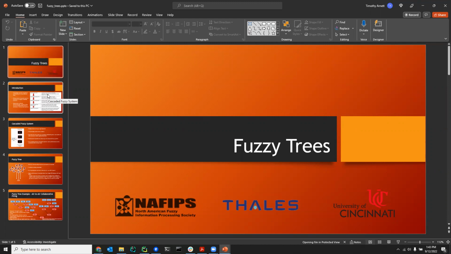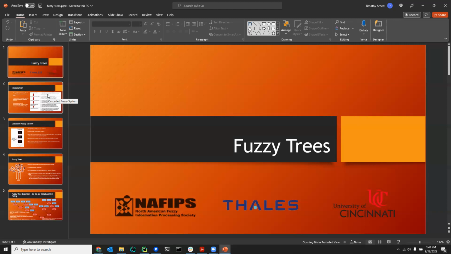If you're using conjunction to describe your antecedents, meaning if x1 is in blank and x2 is in blank, that means that the rule base will increase exponentially with the number of inputs. And so because of that, fuzzy inference systems don't scale well if you have a large number of inputs.